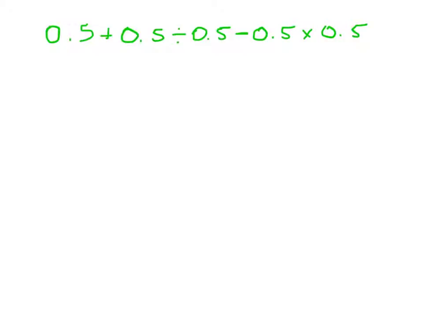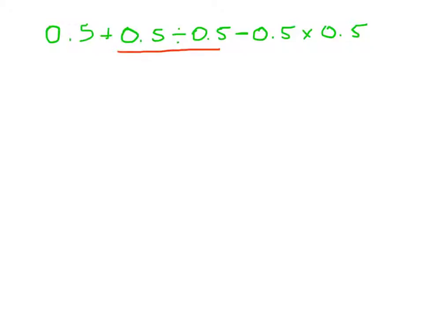All right, let's look at example 2. 0.5 plus 0.5 divided by 0.5 minus 0.5 times 0.5. Again, no parentheses here. So I'm going to look for addition and subtraction, multiplication, division.